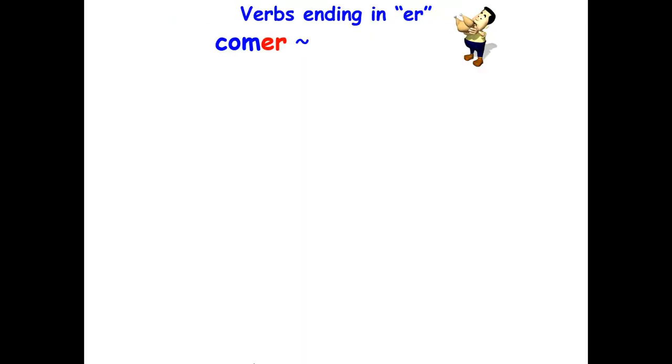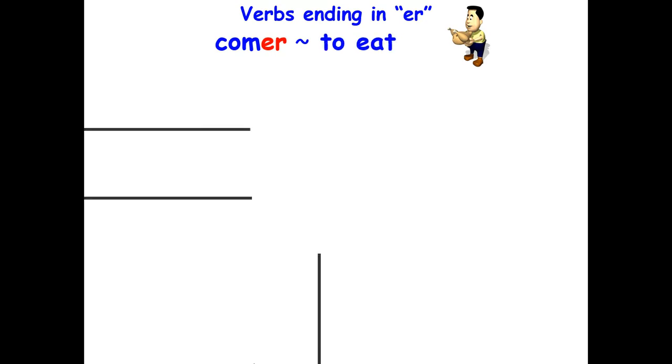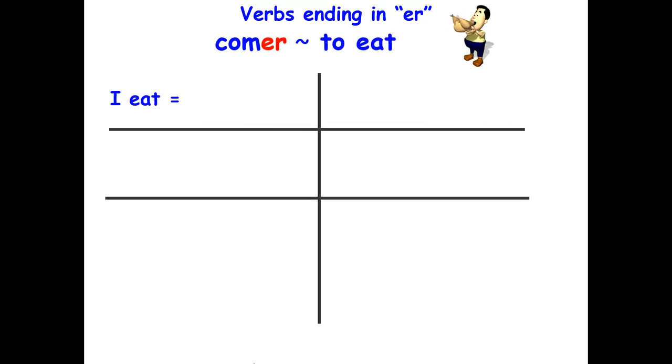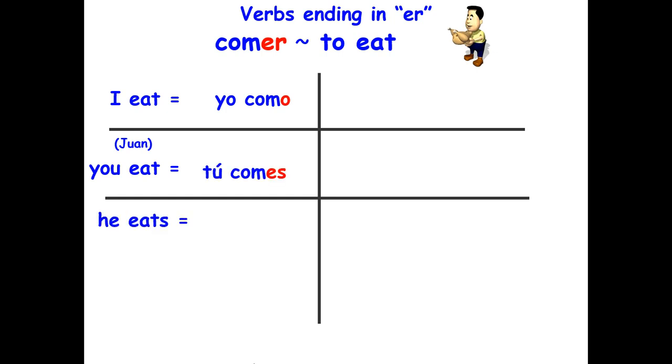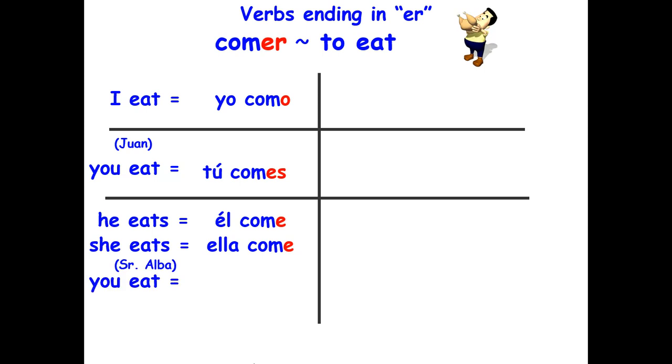So with verbs ending in ER, we have comer, to eat. I eat, when you take off the ER and add O, it's yo como. You eat, tú comes. He eats, él come. We've taken off the ER and just added e. She eats, same thing, ella come. You eat, usted come. And it eats, like if you're talking about maybe a pet, come.